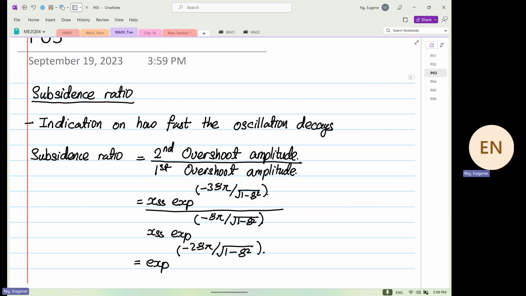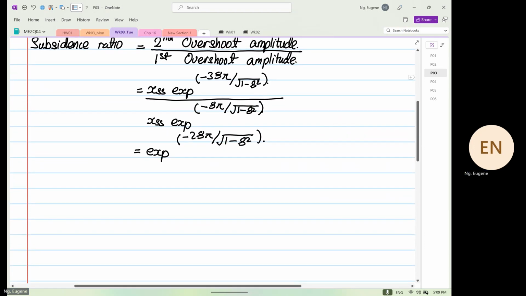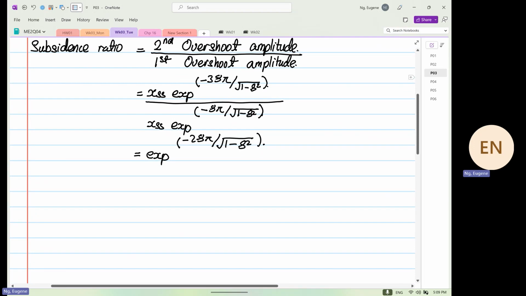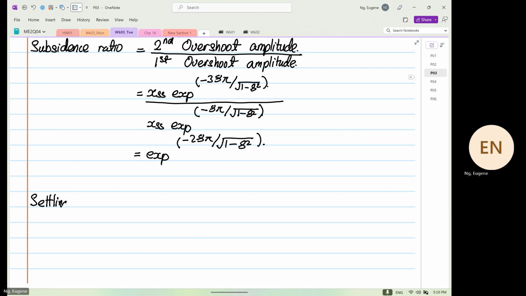The next one is pretty interesting. Okay, it's causing us a lot of problems. So the next one that we are going to talk about is known as our settling time, Ts.